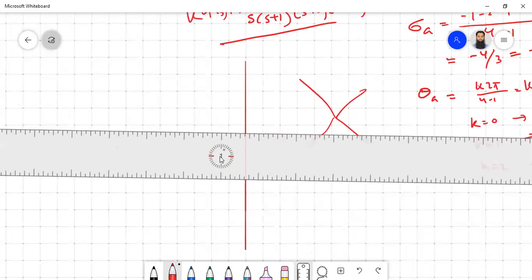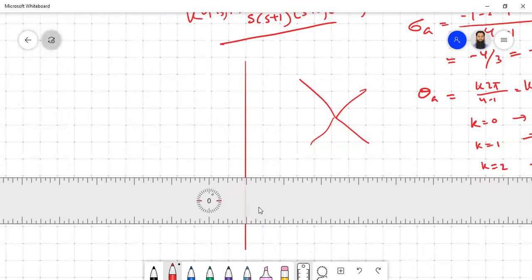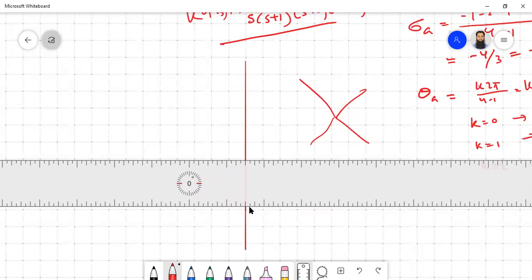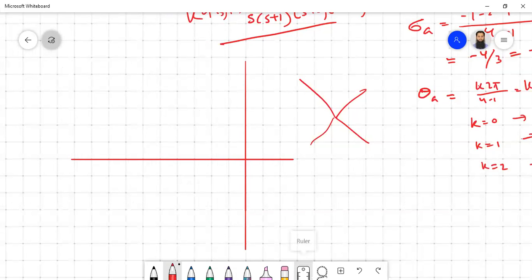The ruler takes a bit of time, but it is actually helpful in the long run. So now, just very briefly try to plot this root locus, even though we are not interested to go in detail. The poles that we have are s equal to 0, s equal to 1, s equal to 2, and s equal to 4. Then we have the zero at 3.